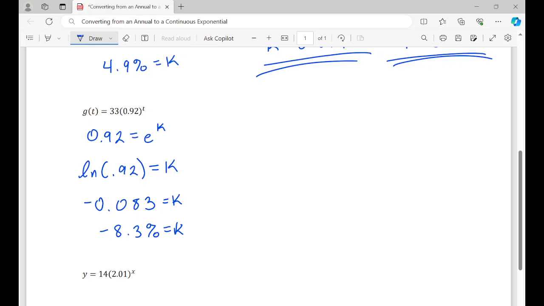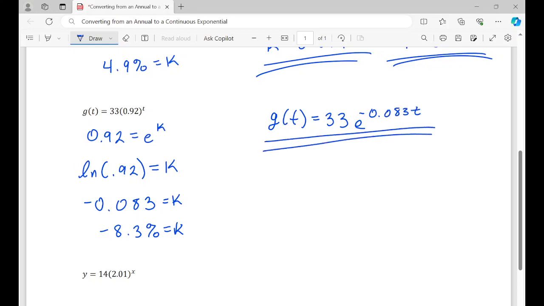Now, to write it into my continuous exponential form, I'm going to get g of t equals 33, because the number stays the same, e, because that's just what's there, negative 0.083 t, because they use t instead of x. So there is my continuous equation, and now I need my annual and continuous rate for each one.